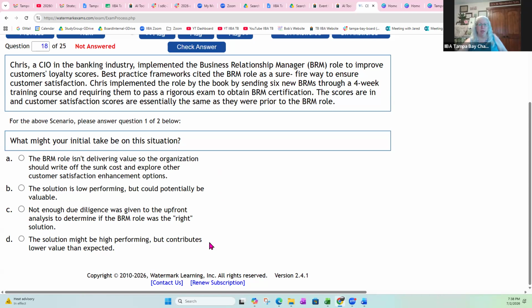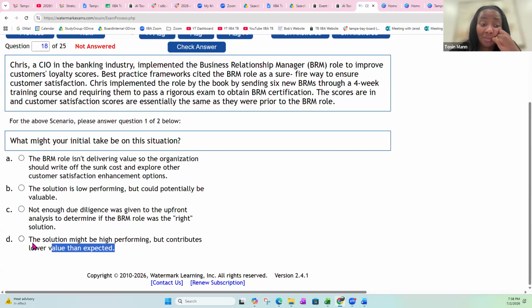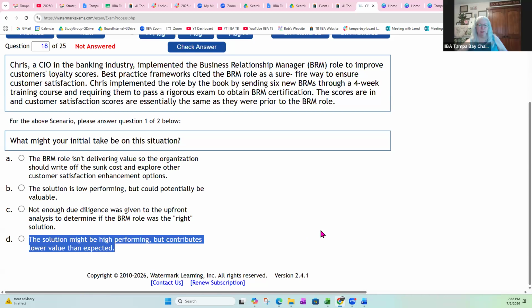I'll tell you up front, I hate this question because it's just not well written, but we're going to struggle through it. Which one should we eliminate? D. And which one do you feel is the best answer? Maybe C. I think C as well.